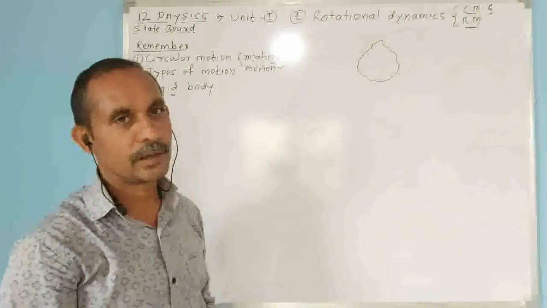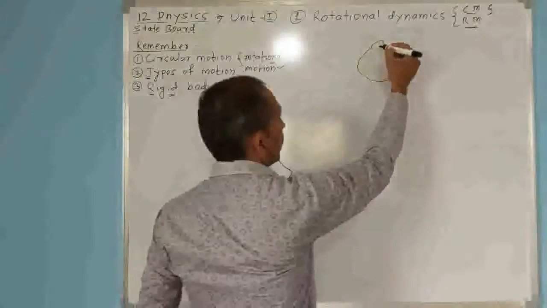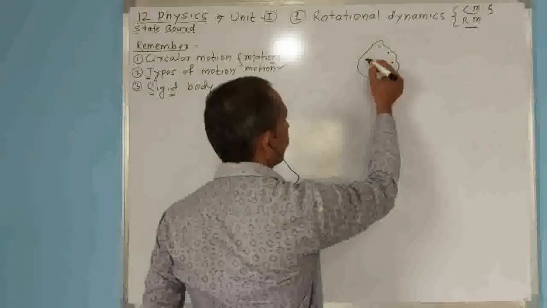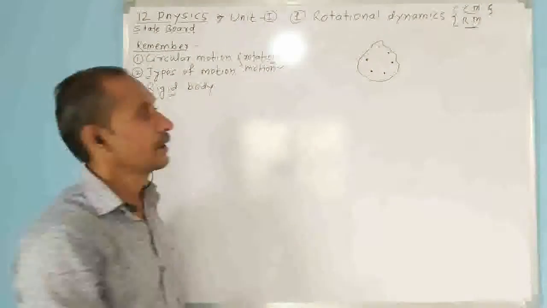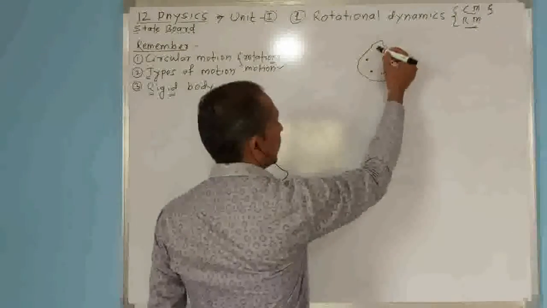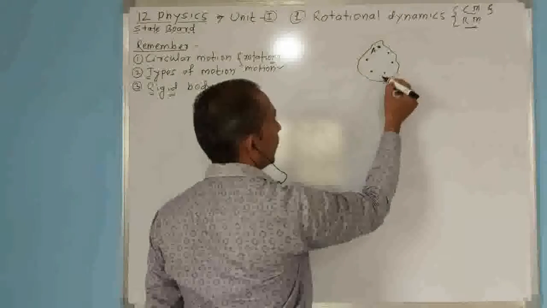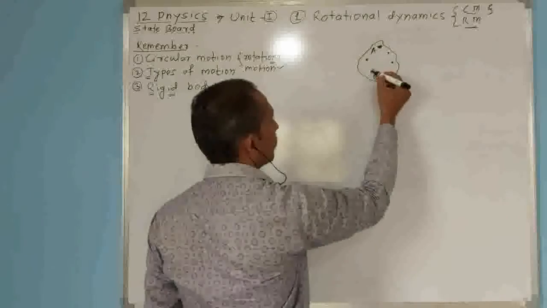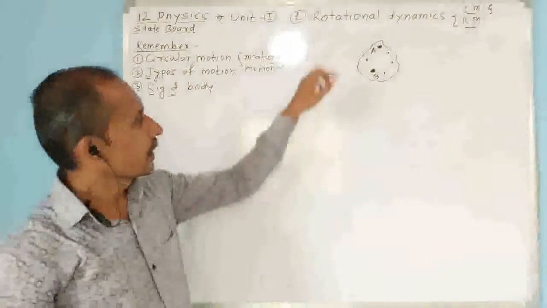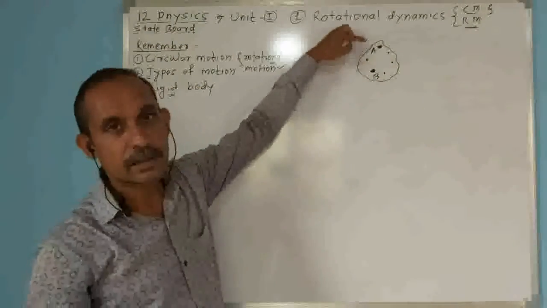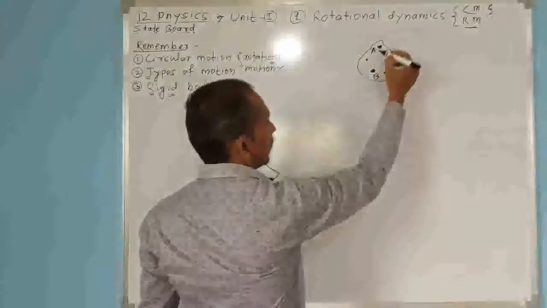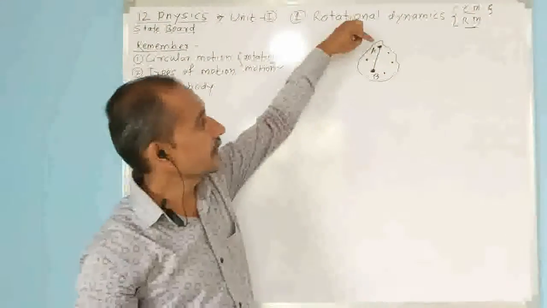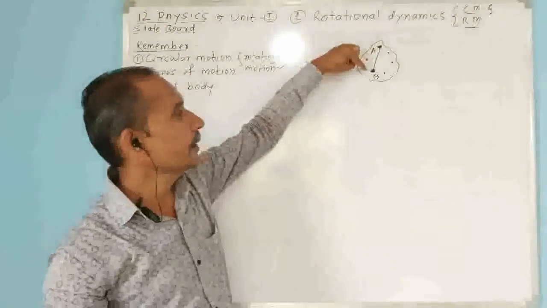Let's see here. Consider an irregular body. This body consists of a number of particles. Consider any two particles, particle A and particle B. If we join these two particles, we get a distance AB.